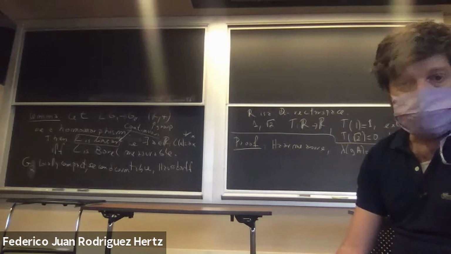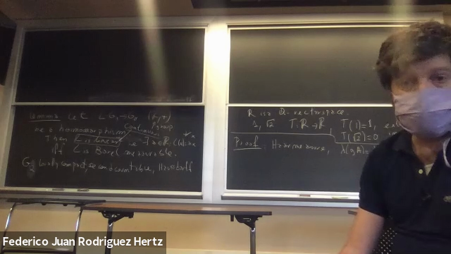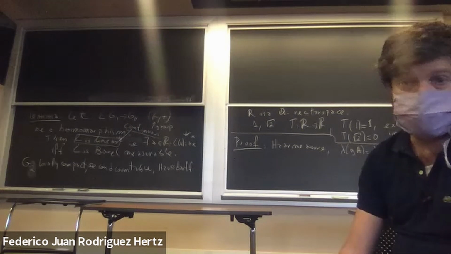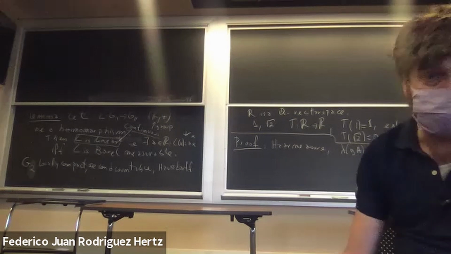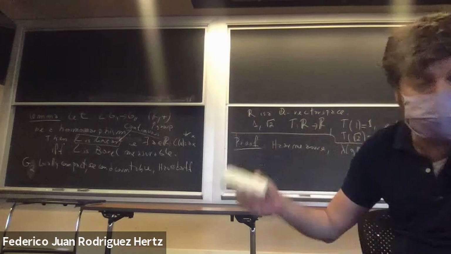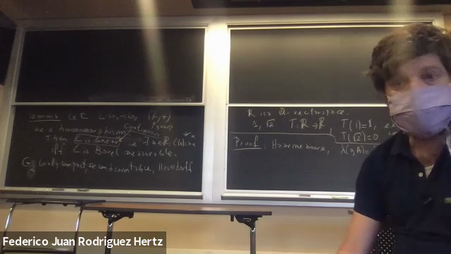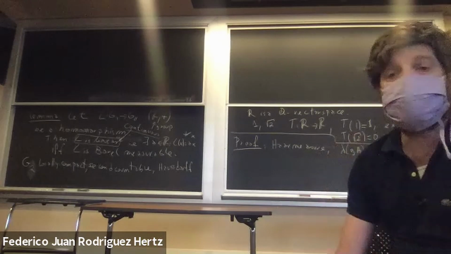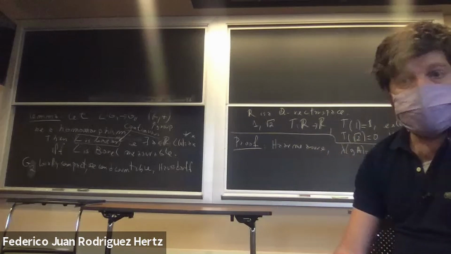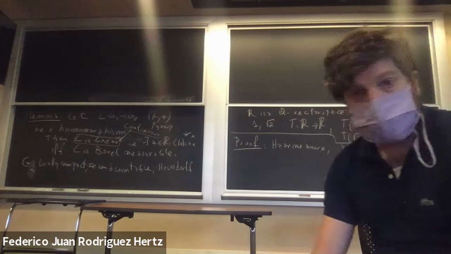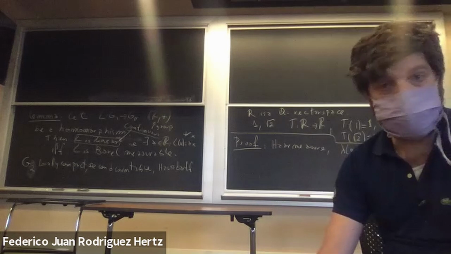I only know that it's Borel measurable, and I want it to be continuous at 0. Actually continuous at any point, because if I can guarantee continuity at maybe 35, then still I get full continuity. So I need to find one point of continuity. But Borel measurable functions have no reason to be continuous at all.